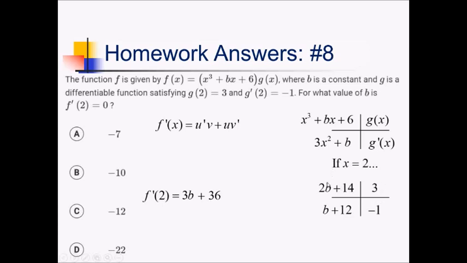So that's going to be negative 2b minus 14. And they told us that all of this should equal 0 when I plug 2 into f prime. So simplifying the left side a little bit, this is b plus 22 equals 0. So therefore b must have a value of negative 22. So that's going to be choice D.